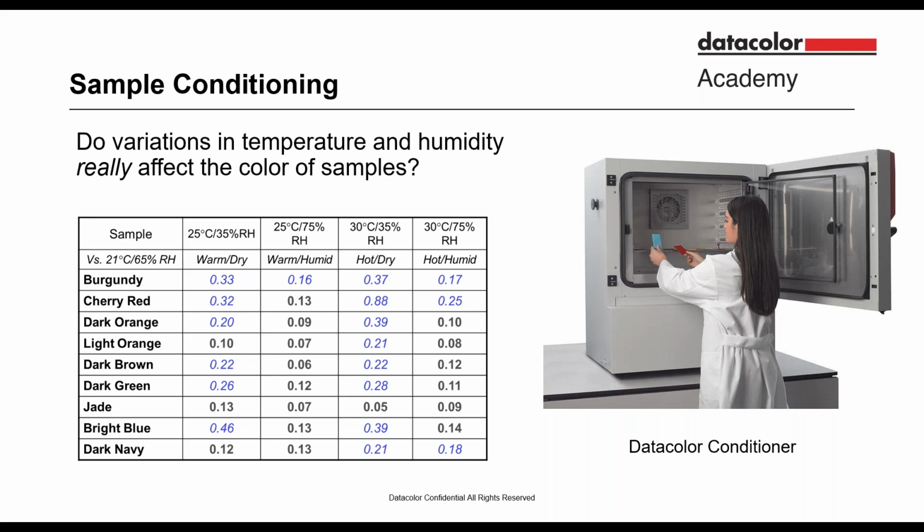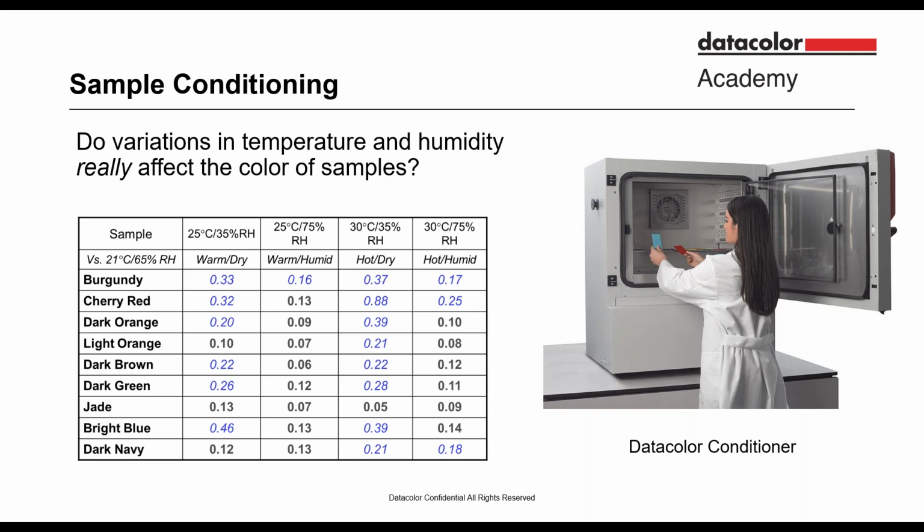These samples were measured with a spectrophotometer in different conditions of temperature and humidity. The standards were set as the samples measured under laboratory standard conditions, and then variations between temperature and humidity were performed to account for what color variation we can see when we move these parameters in one direction or another.